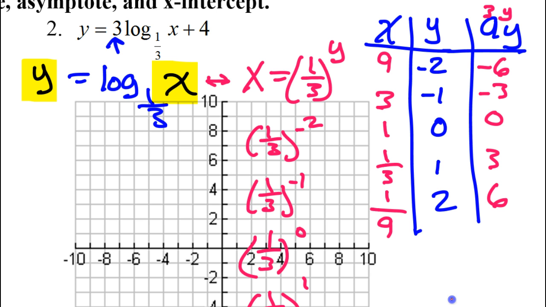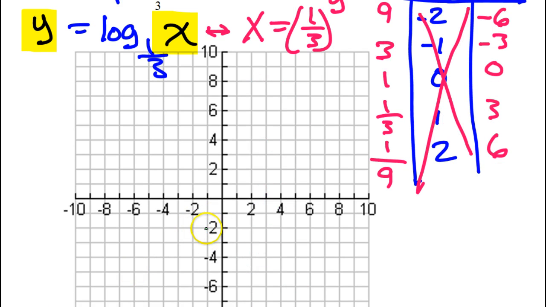All right, did I lose anyone just then? Right, so 3 times y. All right, once I have the third column, then I can forget about the middle column and use this instead. So this is just going to be the skeleton that I'm doing right now.